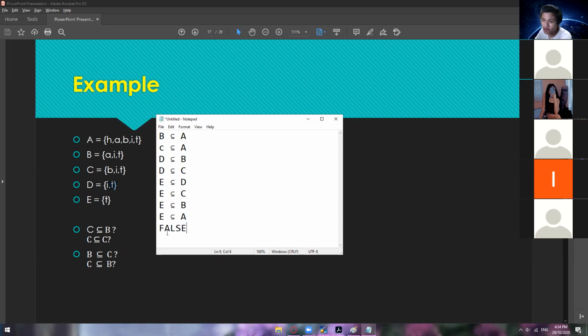So this one is false. If you take a look at this, yes, we have the I and the T in set B, but we cannot find the element B in set B. Therefore, this one is not a subset of the superset.